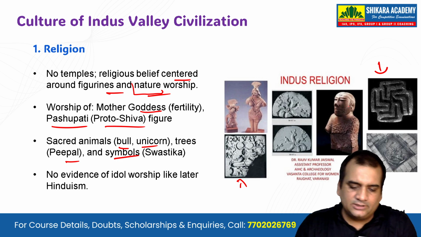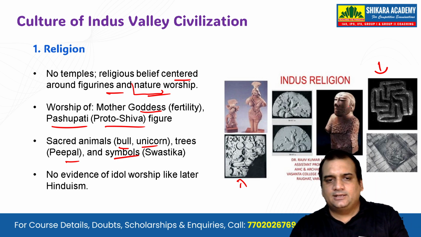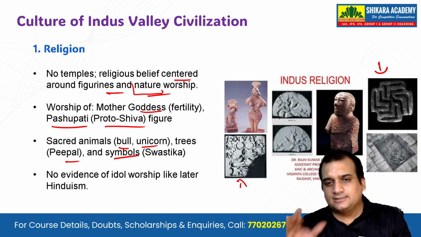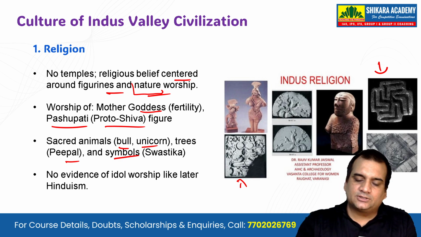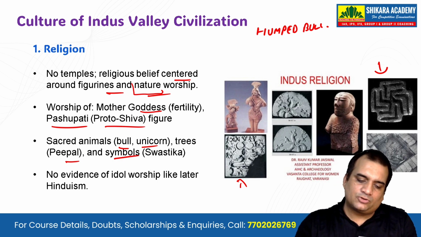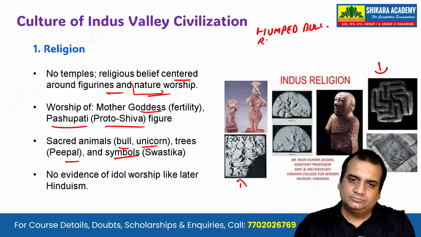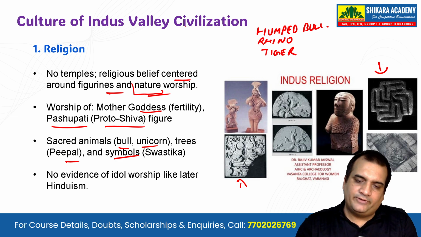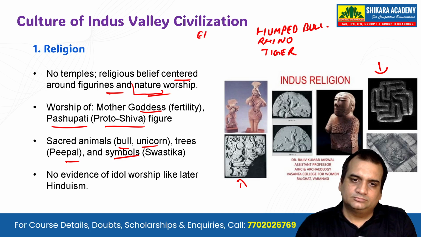But along with that, you should please write or remember the animals that were used in these seals. What were the animals? Number one, that we have talked, hump bull. Along with the hump bull, the animals which we saw were the rhino, tiger, elephant, buffalo.